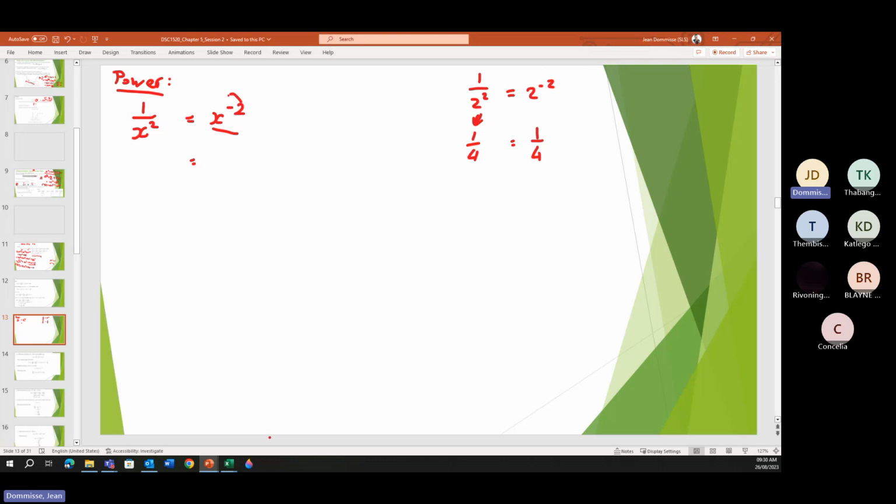So the -2 times whatever is in front. There's actually a 1 in front, so it becomes -2x, and we subtract 1 from the power, so the answer is -2x to the power of -3.